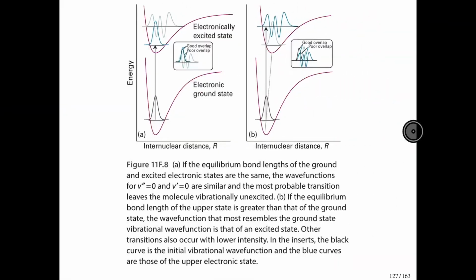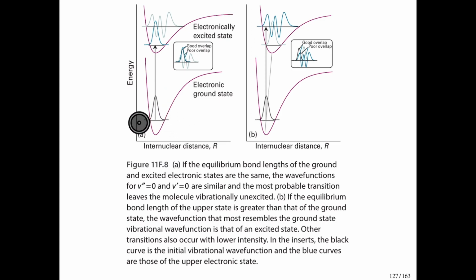Here, this is the quantum mechanical version of the vertical transition idea. It also illustrates the idea of a Franck-Condon overlap. So your initial state is the electronic ground state, and this wave function here is the ground vibrational state of the ground electronic state.